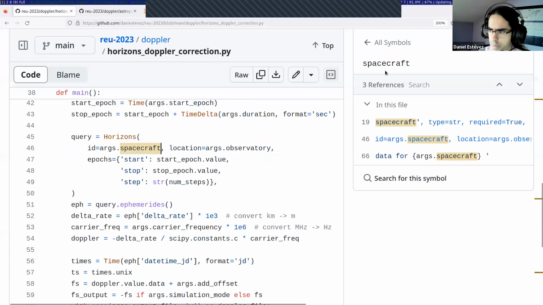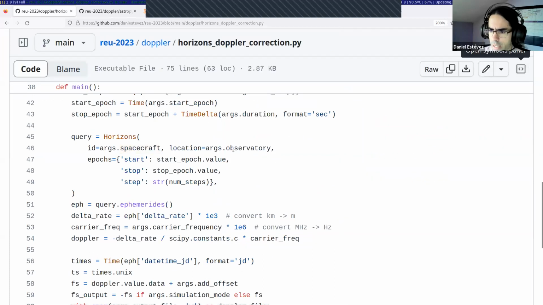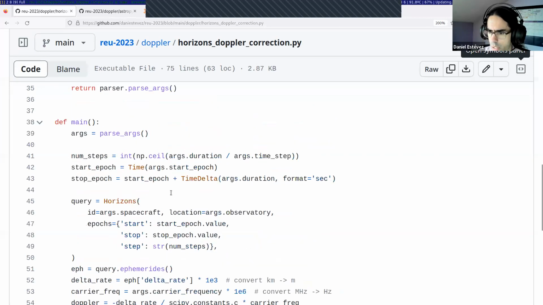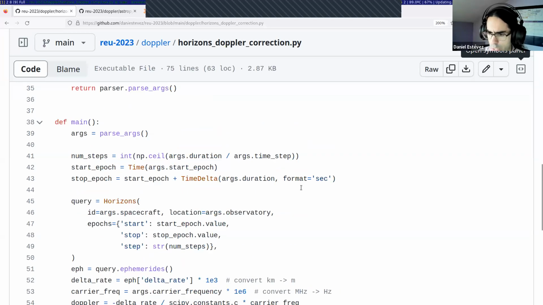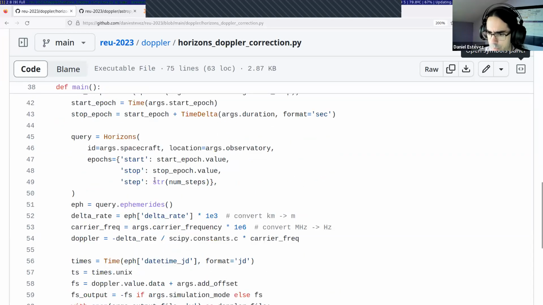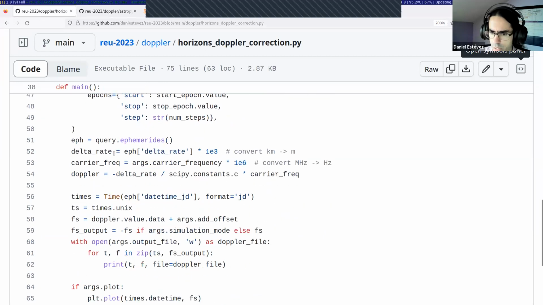I have called it spacecraft, but I guess you can also use a planet, and we can test even with a planet now. Then the location of the observatory, the epochs, so these need to be formatted in Julian days, I think, or something, and then the number of steps.